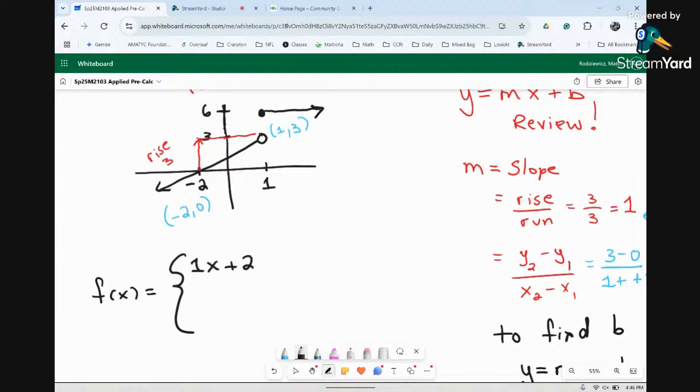B was 2. For what x values do we use it? Well, here's definitely the ending x. And do I have a starting one? Nope. So there's no starting x. So this is for x that are less than 1.